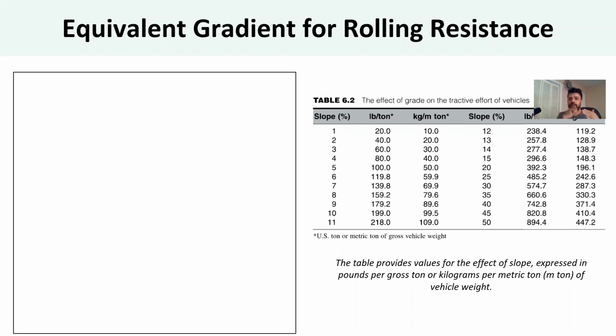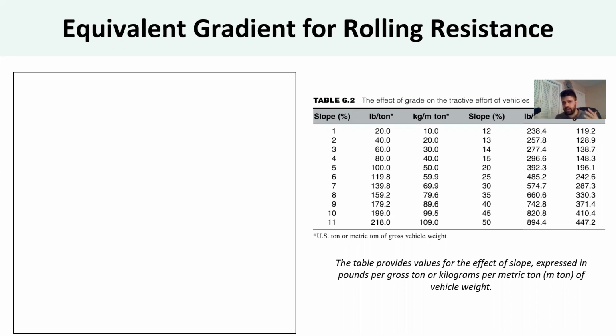For example, if the grade resistance is 3% and the equivalent rolling resistance is equal to a slope of 2%, we could consider we are having a slope of 5%.